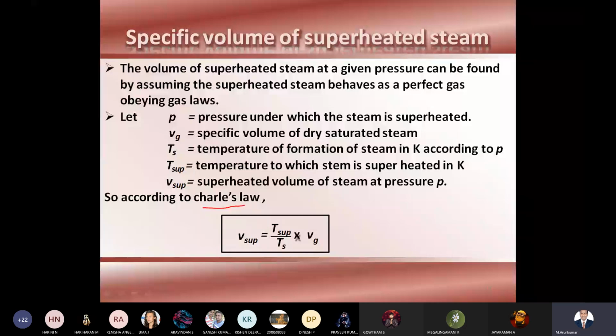So Charles law will be like this: V by T. V superheated by T superheated will be equal to Vg by Ts, where g stands for gas and Ts stands for the temperature of steam. So this is the formula for the specific volume of superheated steam.